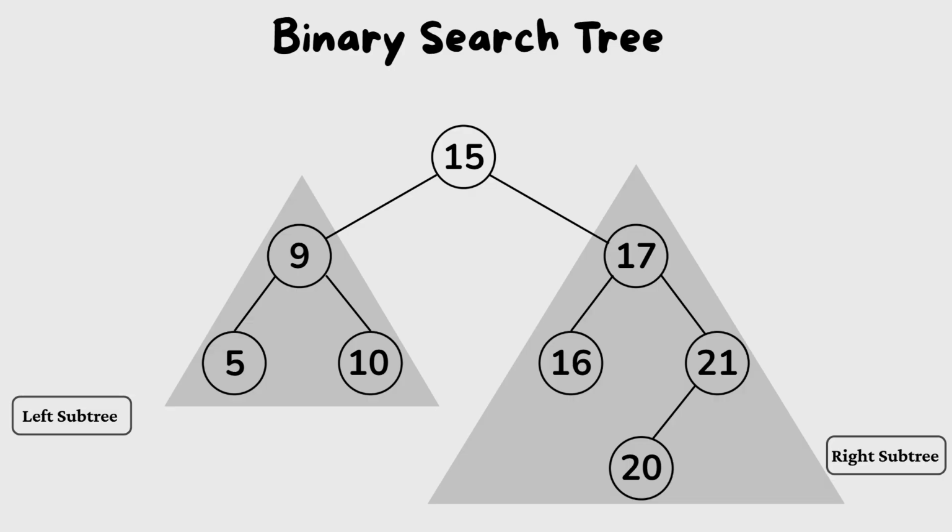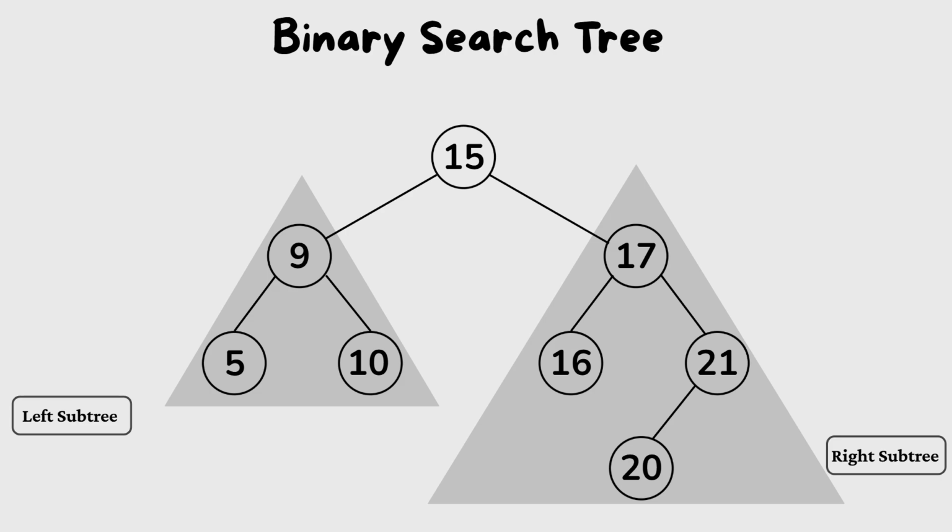So, kung ang gingon ganina, the left subtree refers to all the nodes na makita nato sa left side of a particular node. And makita ninyo diri ang value sa ato left subtree is 9, 5, and 10. These values are smaller than sa atong node nga 15. And all values in the left subtree are strictly less than the value of the node.